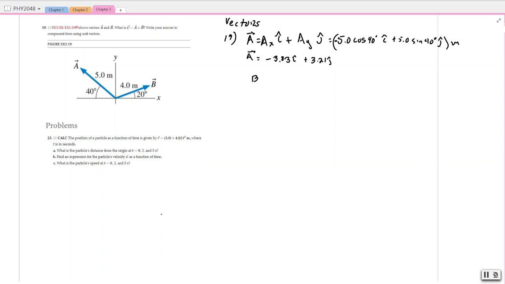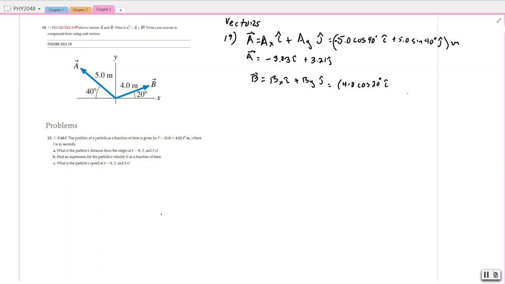So we know that vector B is b sub x i plus b sub y j. So it would be, in this case, 4.0 cosine of 20 degrees i.